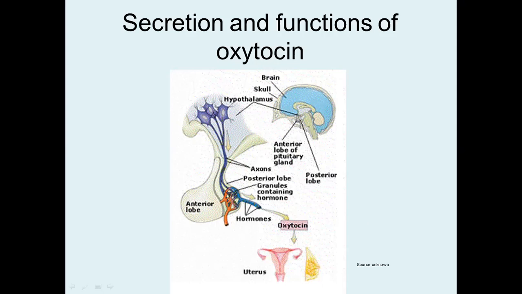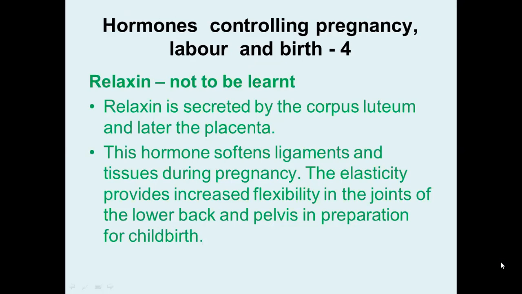And then during the birth process, oxytocin passes into the blood and it is taken to the uterus where it stimulates the contractions of the uterus, and also to the mammary glands where it stimulates the release of milk when that is necessary.